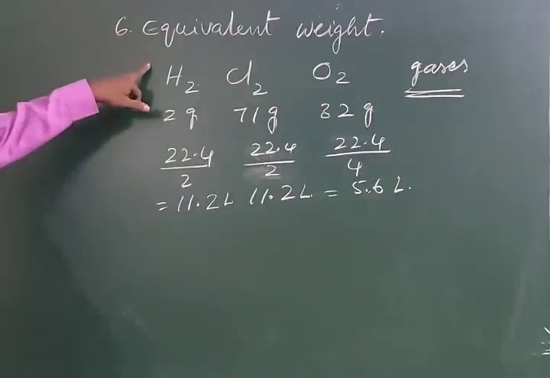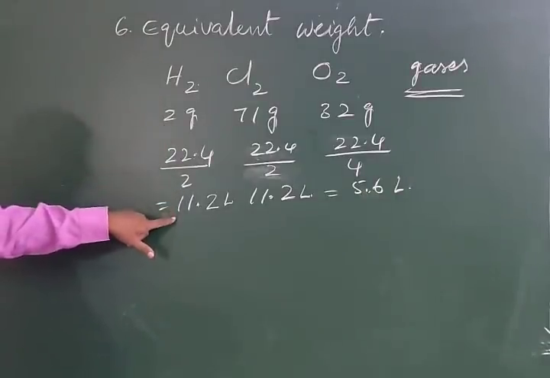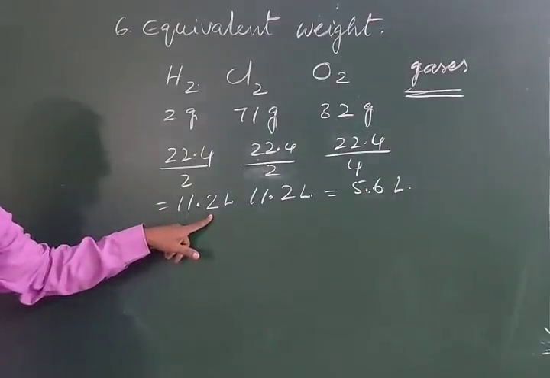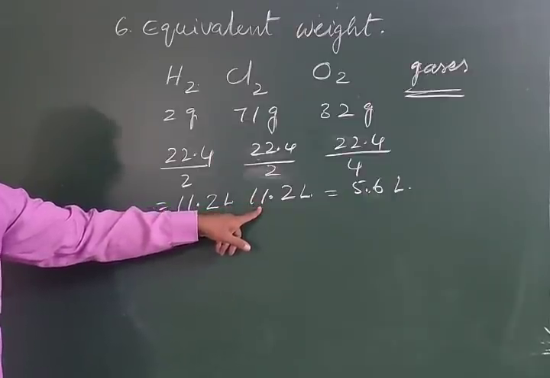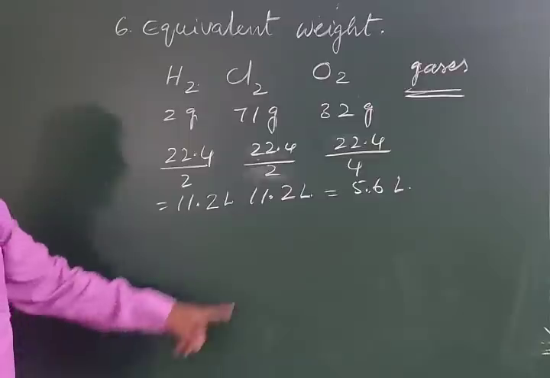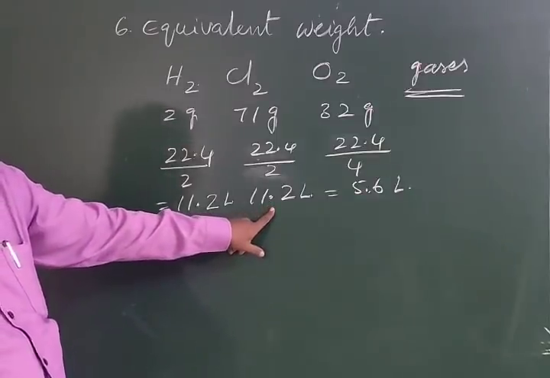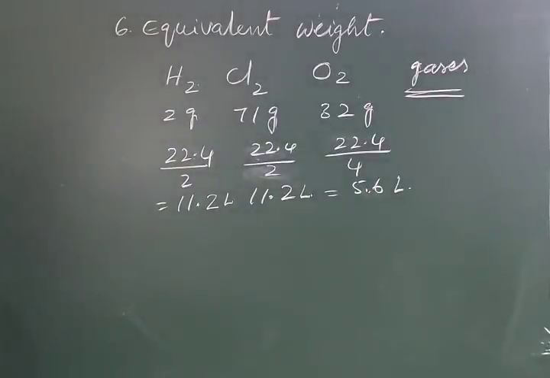So the amount of hydrogen equivalent to 1 gram is equal to 11.2 liters at STP. In the case of chlorine, the amount of chlorine equivalent to 35.5 grams of chlorine at STP is 11.2 liters, or the amount of oxygen equivalent to 8 grams of oxygen at STP is 5.6 liters.